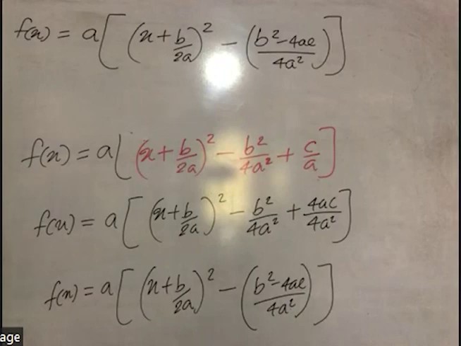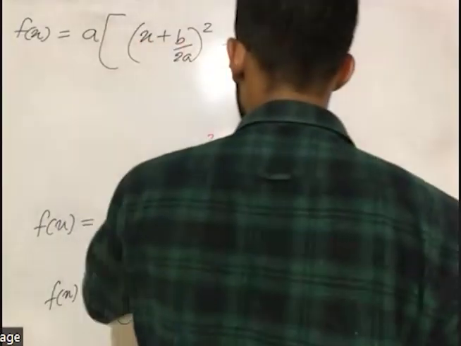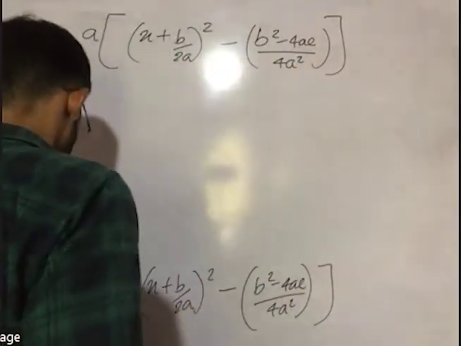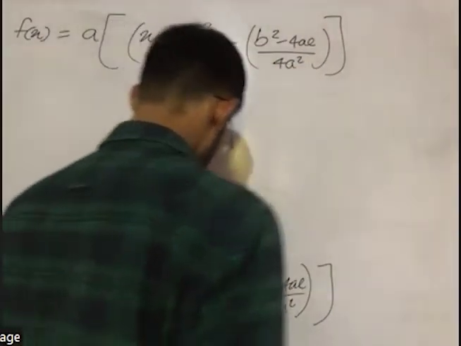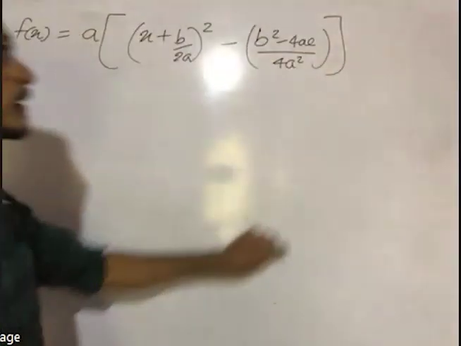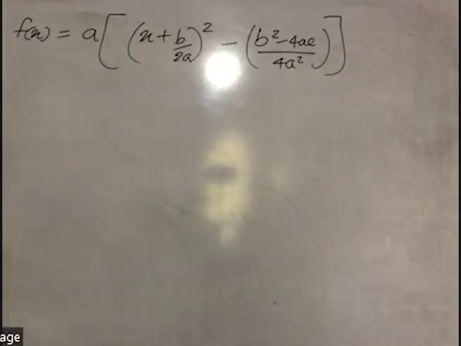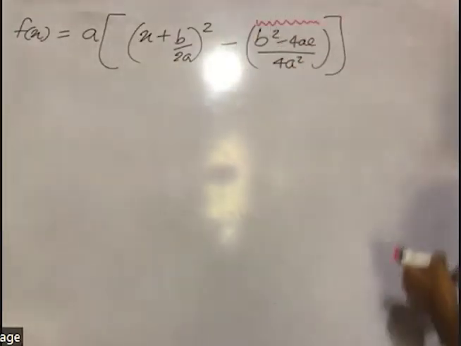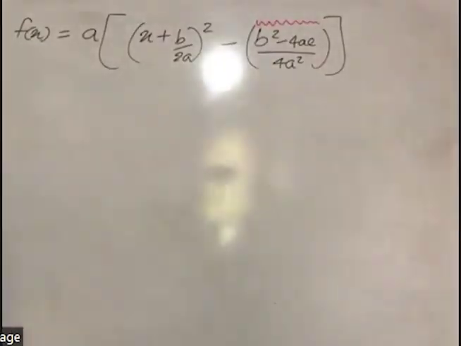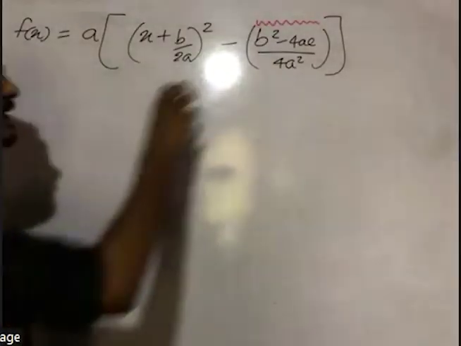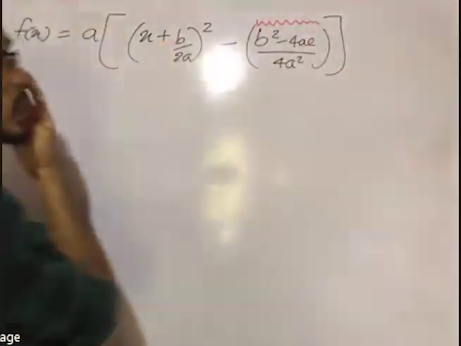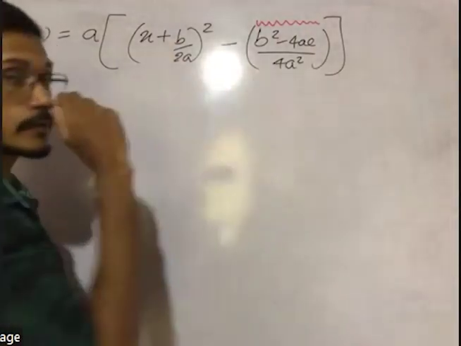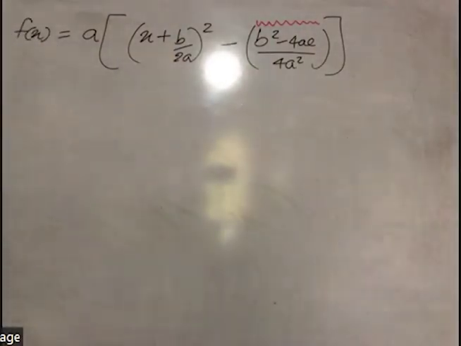Now we have this. Now look at this one. If you consider this part in here, this b square minus 4ac part, if you take the square root of this whole thing, then you can write these two as a difference of two squares.